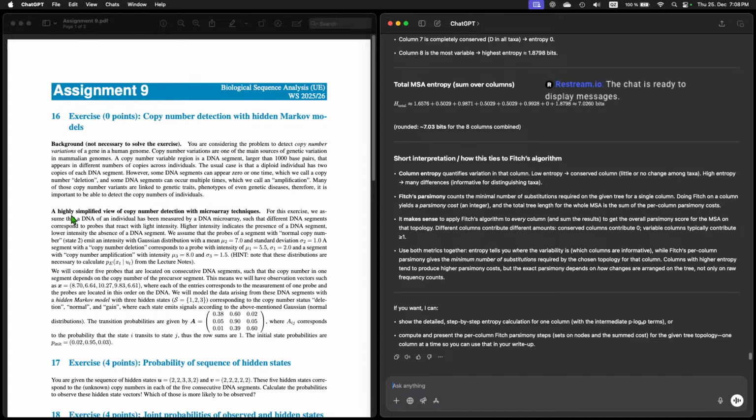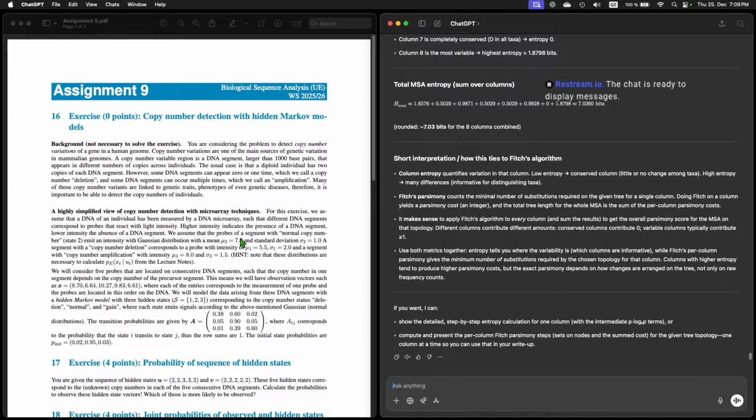A highly simplified view of the copy number detection with microarray technique. For this exercise, we assume that the DNA of an individual has been measured by DNA microarray, such that the different DNA segments correspond to probes that react with light intensity. A higher intensity indicates the presence of a DNA segment, lower intensity the absence of a DNA segment.